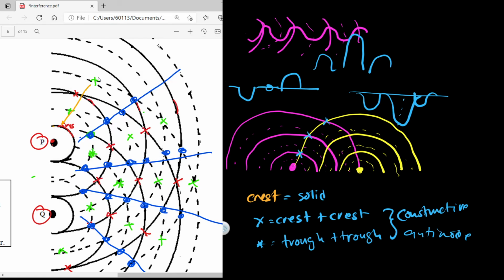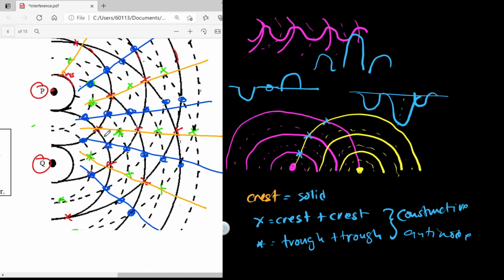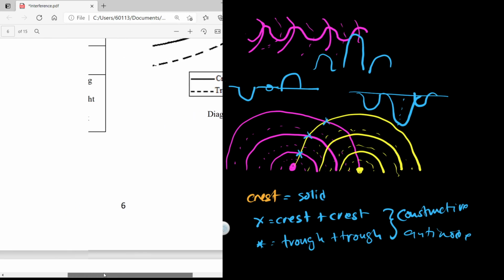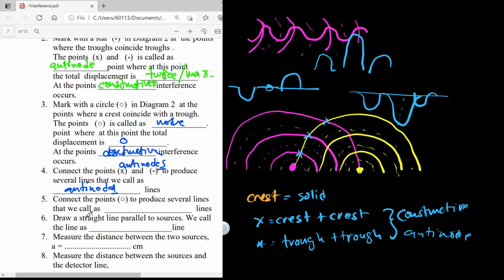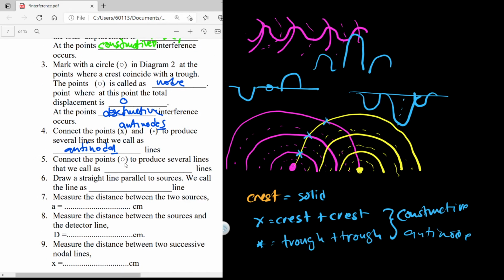So this is X antinode, this one antinode, and this one antinode. So this becomes an antinodal line. The blue one here is the line connecting all of the nodes, so we call it a nodal line.